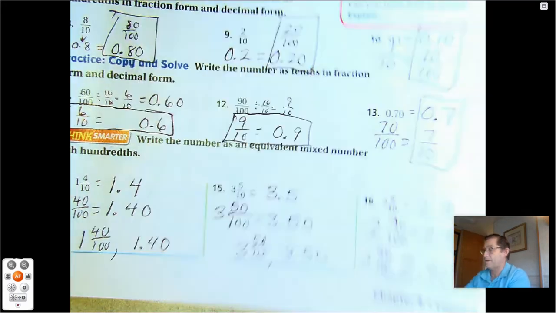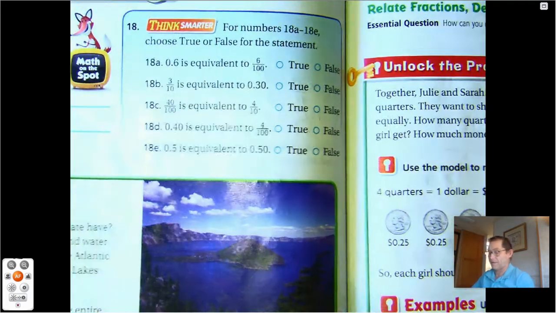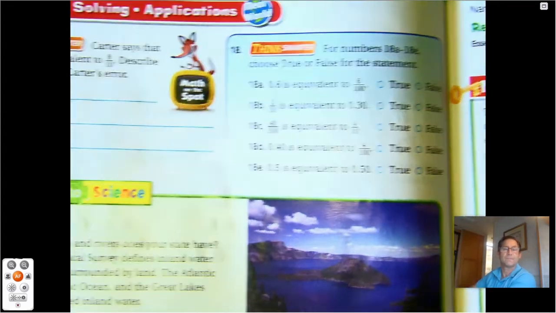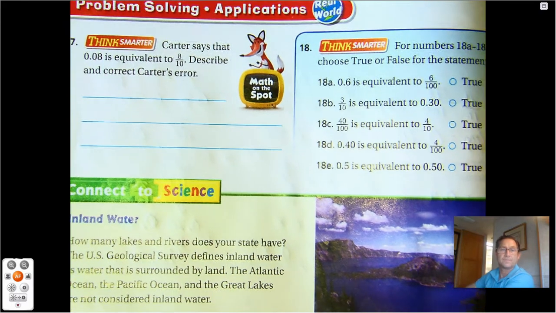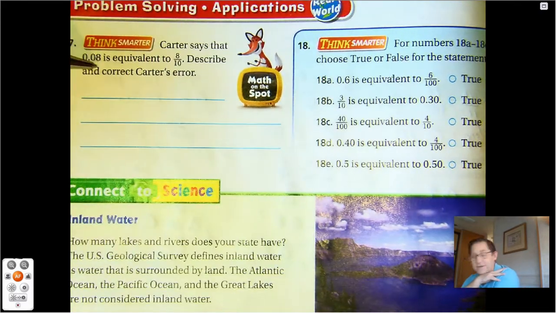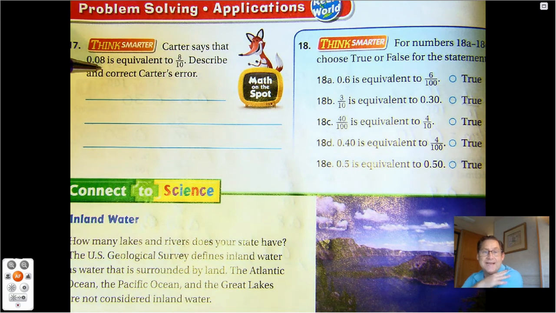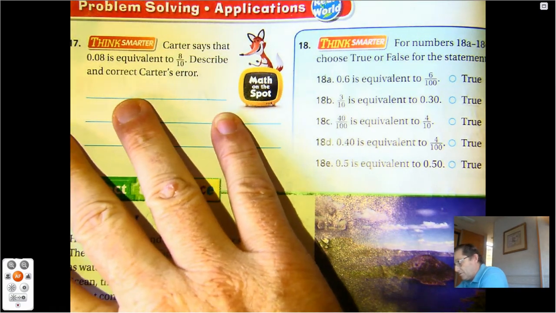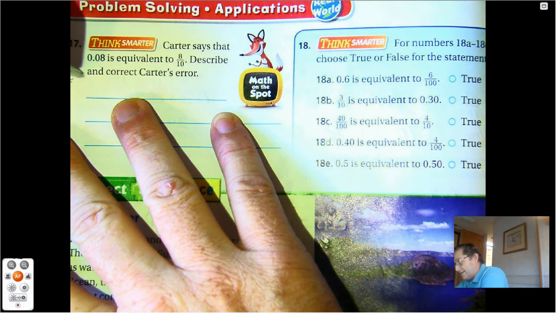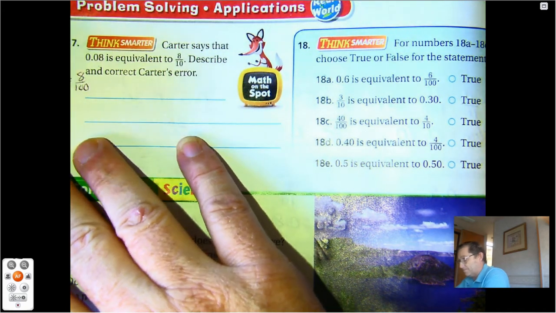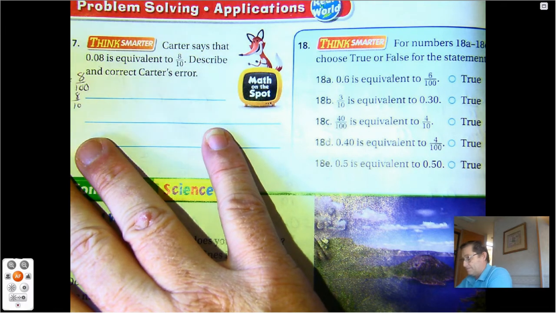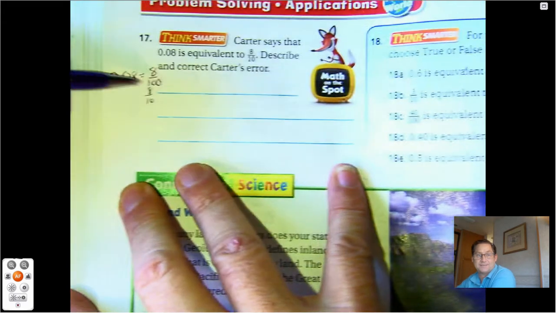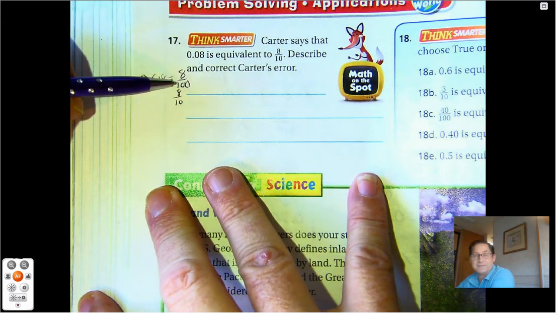All right, page 370. Carter says 8 hundredths is equivalent to 8/10. Describe and correct Carter's error. So 0.08 equals 8 hundredths. 8/10 is not equivalent to 8 hundredths.